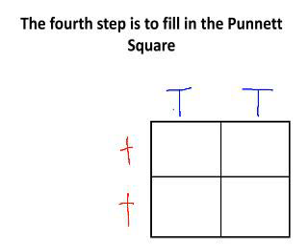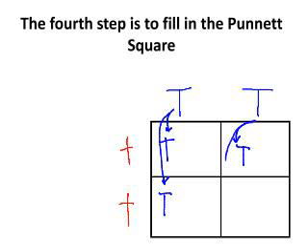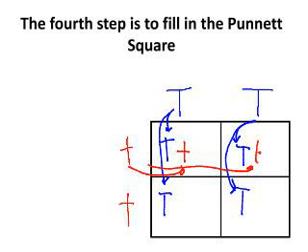So the father's first allele moves here, capital T, and then it gets copied down there for capital T. Same with his second allele, copied here, and capital T. To fill it in for the mother's alleles, her alleles get copied sideways. So this red allele goes right to this box, and again right to this box.